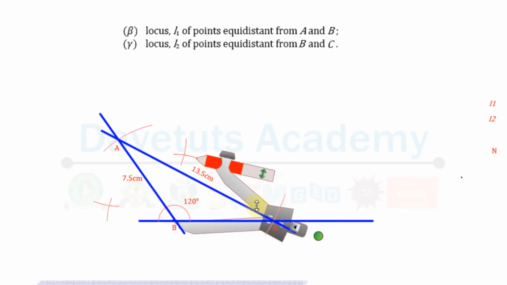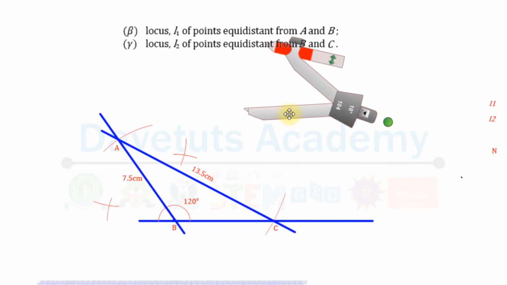So what we've just done is that we've been able to successfully look at 2 points that we can join. That's going to give us a line that is the set of locus which is equidistant from A and B, the perpendicular bisector of line AB.